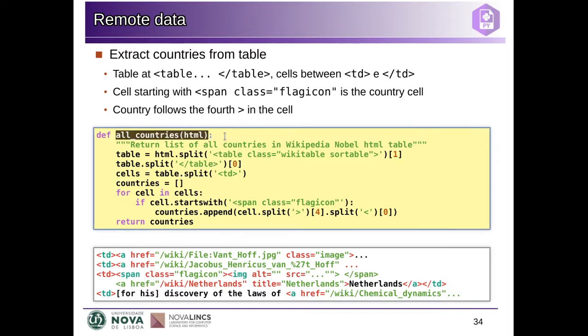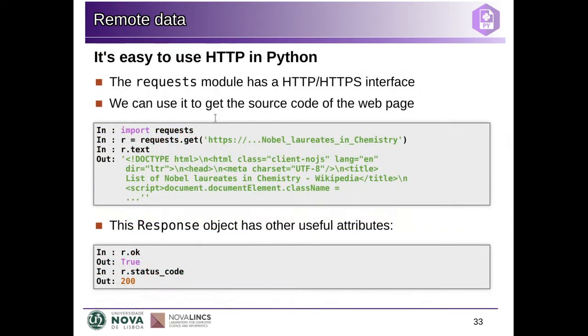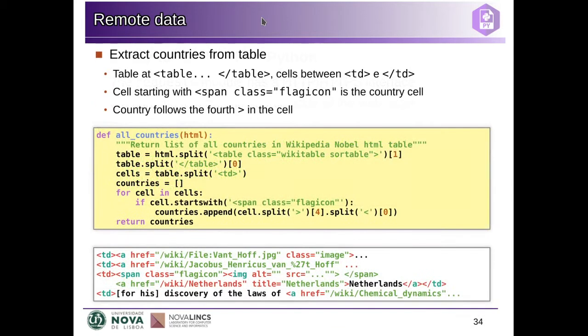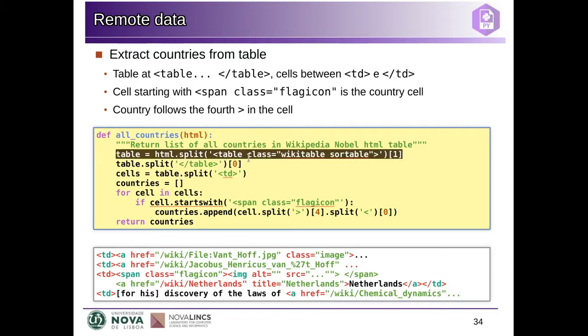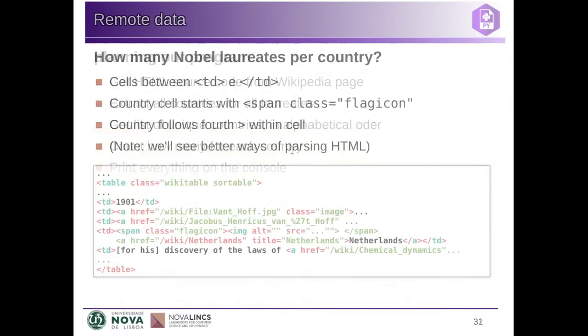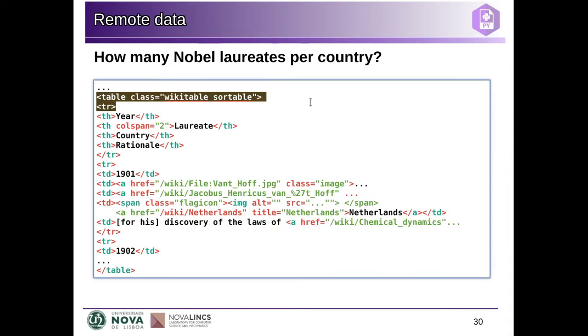So let's extract the countries from the web page. Let's assume that in this function we are already receiving the text for the web page. So the text, we can get it like this, and we receive the string with the source code for the web page. And now we're going to split our page where we find this string: table class wikitable sortable, which is the start of the table.